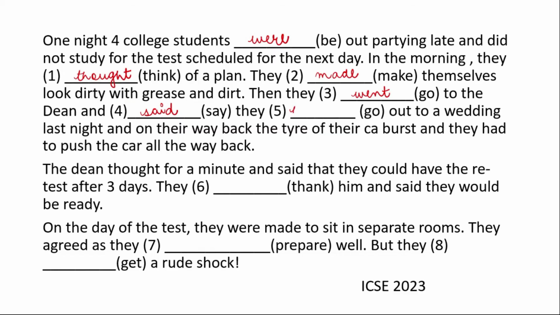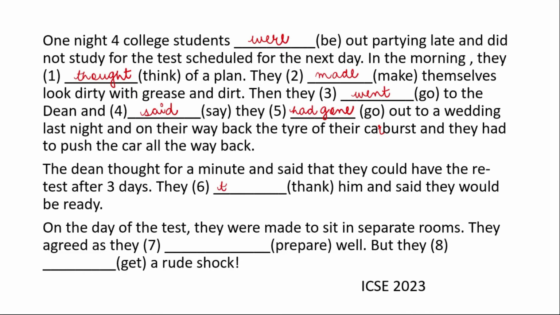So past perfect, they had gone to a wedding last night, and on the way back, the tire of their car burst and they had to push the car all the way back. The dean thought for a minute and said that they could have the retest after 3 days.